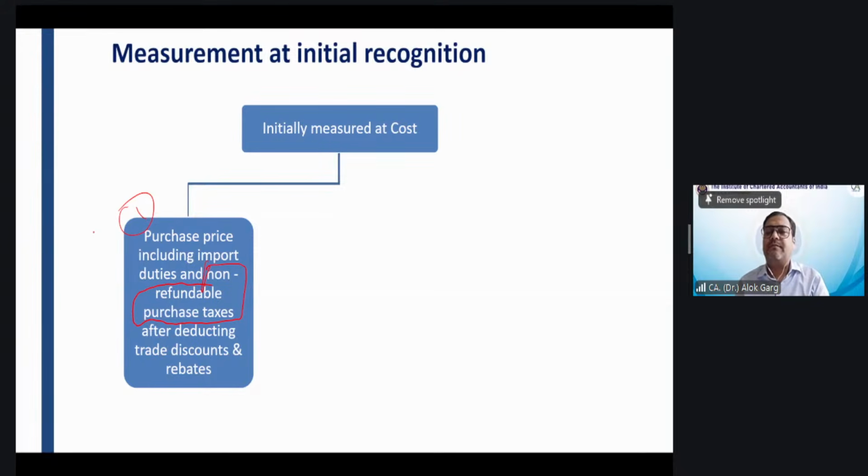The company can claim the credit of GST in other transactions, so basically it can claim this input credit of 20,000 rupees. Now tell me, what is the cost of the laptop?